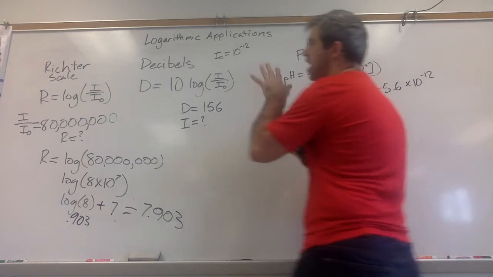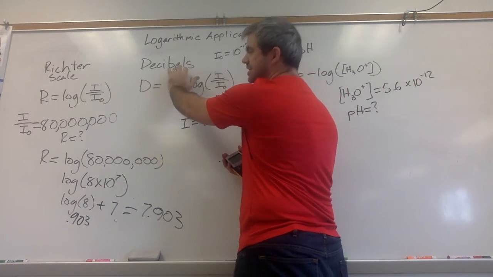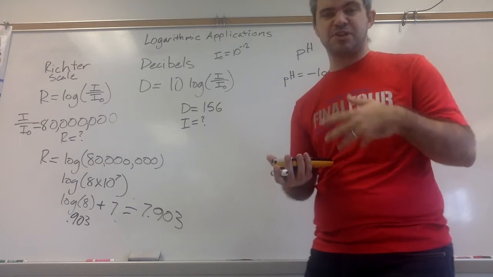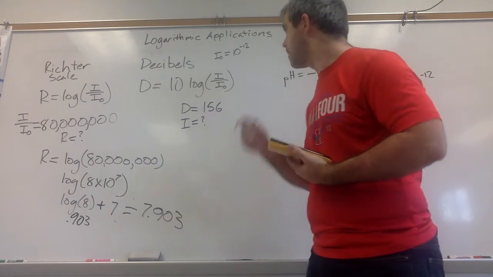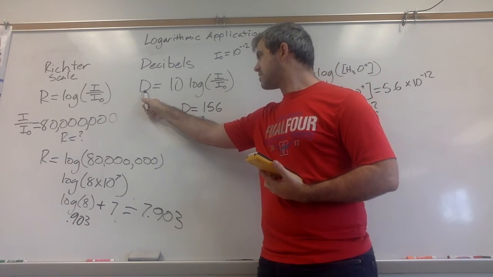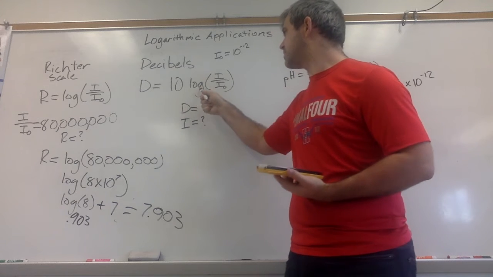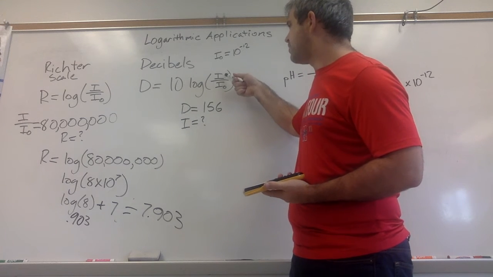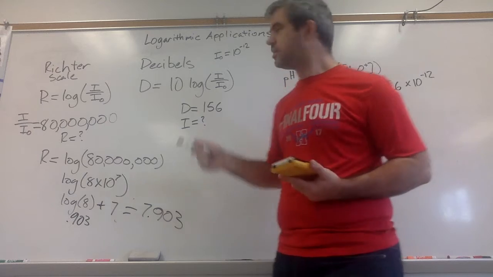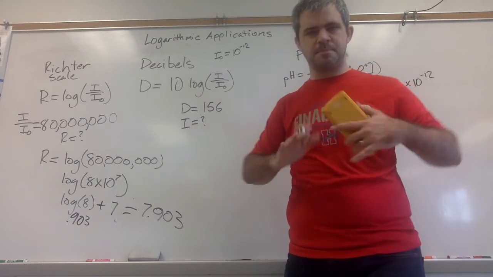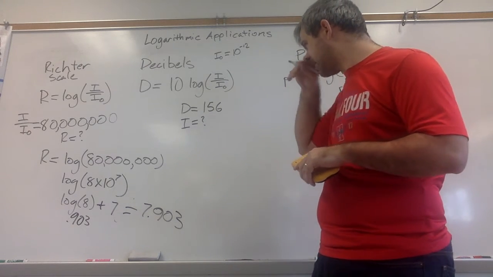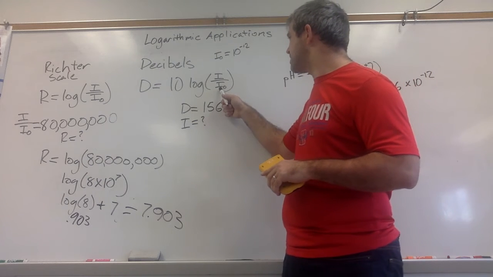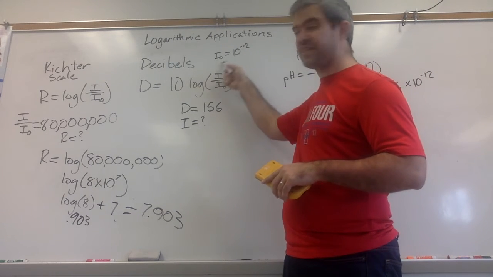All right, the other two applications. So we've got decibels, which is a measure of loudness. The number of decibels is equal to 10 times the base 10 logarithm of the intensity of the sound divided by some base level intensity. This base level intensity, they go ahead and give you the value of.